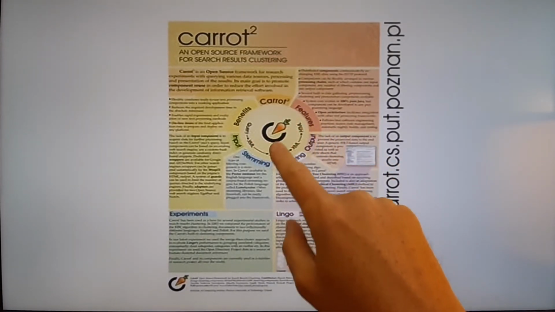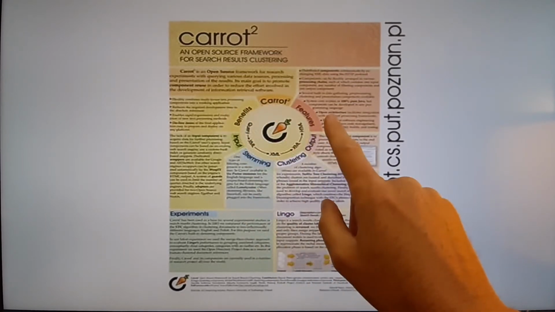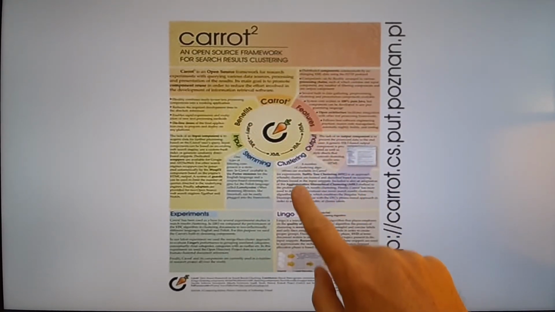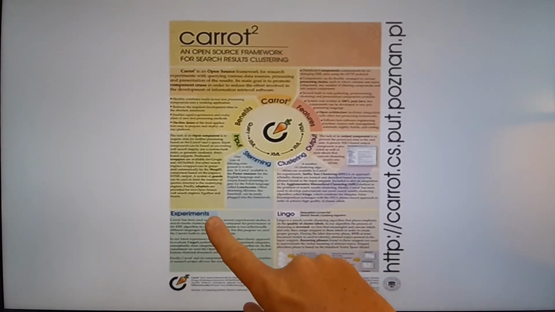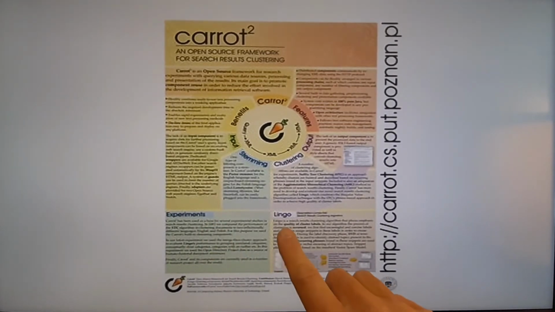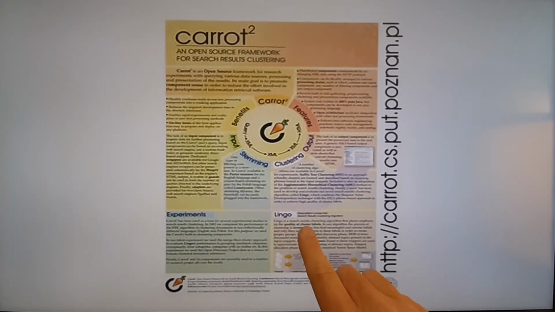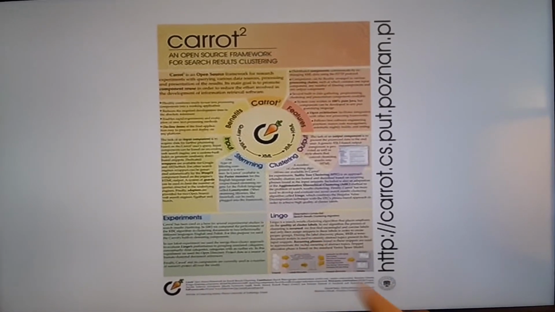So when you have the caret here, you have the benefits, you have features, you have output, clustering, stemming. Here, in fact, we have experiments, so that's your method. It even includes lingo, so vocabulary that's appropriate for the subject.